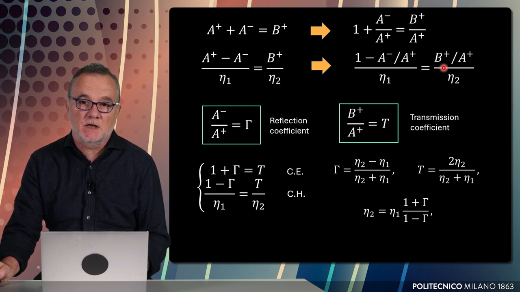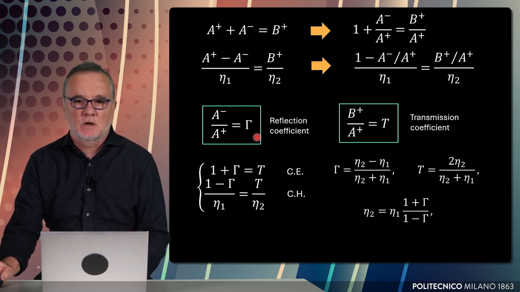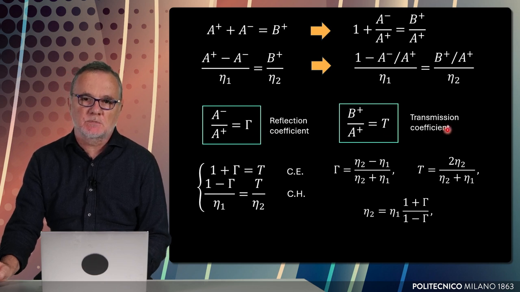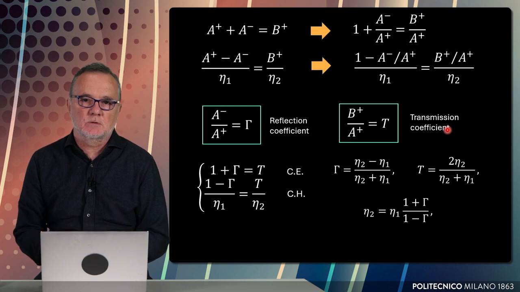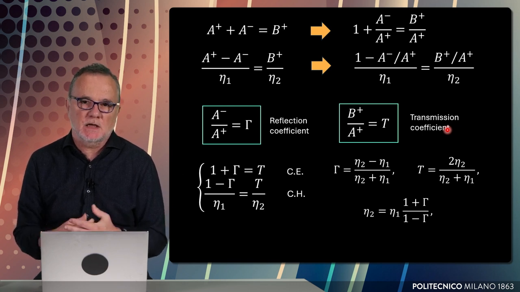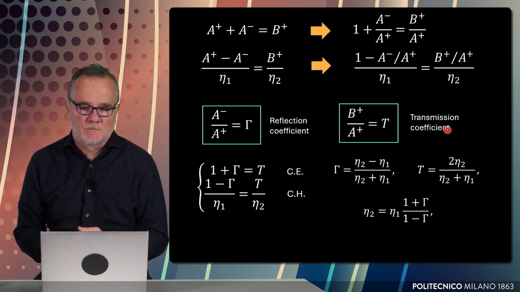These two have a name. The first one is the reflection coefficient, the ratio between the complex amplitude of the reflected wave and the incident wave. The second is the transmission coefficient, which is the ratio between the complex amplitude of the transmitted wave and the amplitude of the incident wave.